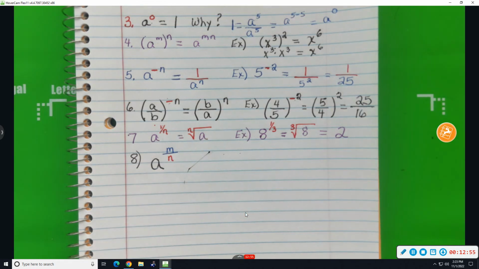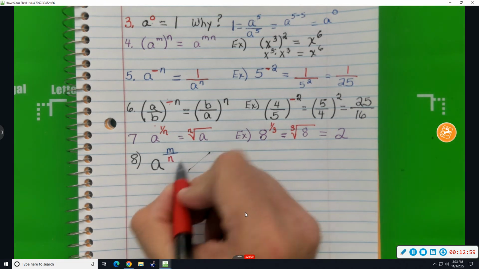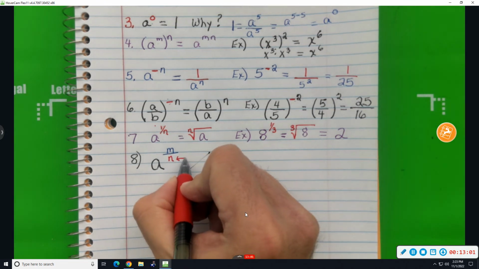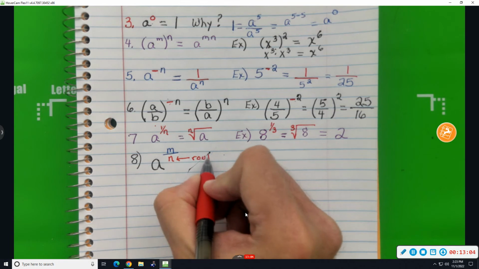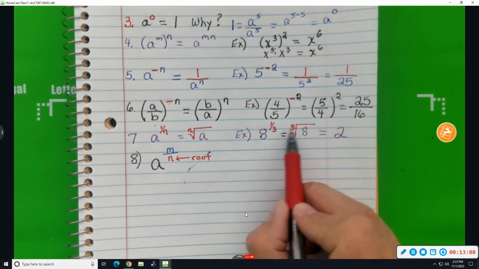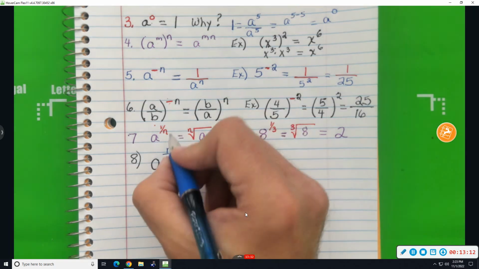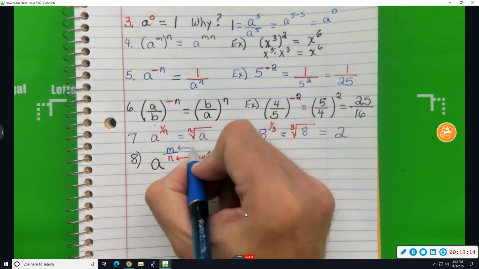Well, when you have an exponent m over n, the bottom number is the root. Just like over here, the 3, the bottom number was the root, the cube root. And the top number is the power.